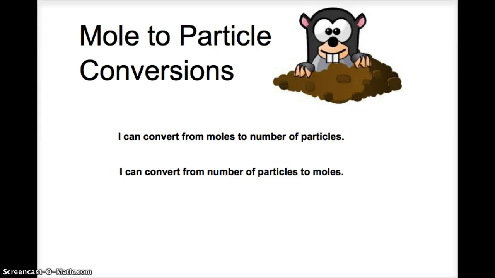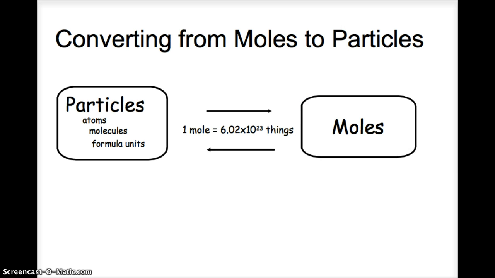Hello, this is a learning video on how to use dimensional analysis to convert from moles to particles or from particles to moles. We're going to use this portion of a mole map where particles are related to moles through this relationship right here, which is Avogadro's number.